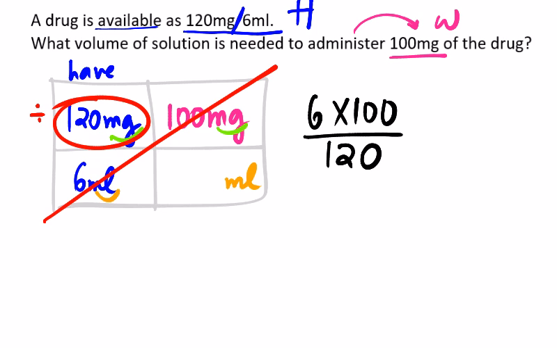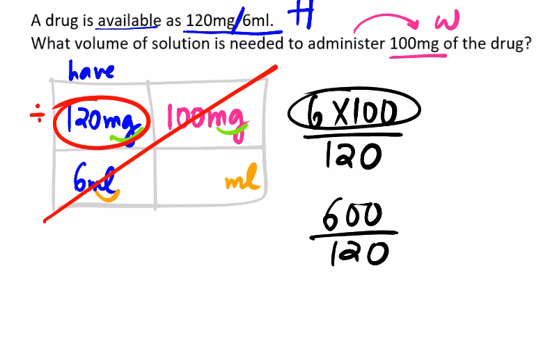So because we did a little estimate and we know our answer has to be more than 3, probably 4 or 5, we can just go to the calculator. We could multiply 6 times 100. I suggest we do that in our heads. 600 divided by 120. If you want to do some more simplifying, look at that. Divide both by 10. 600 goes down to 60, and 120 goes down to 12.